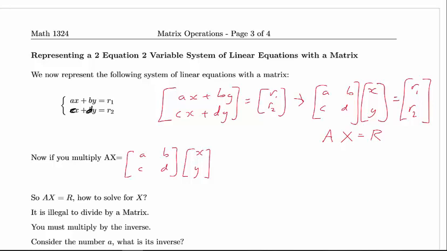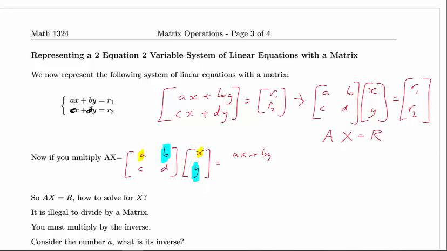So let's go ahead and multiply this through. Again, A times B, X times Y. And so the A goes to the X, B goes to the Y. So when we write it out, we get AX plus BY.